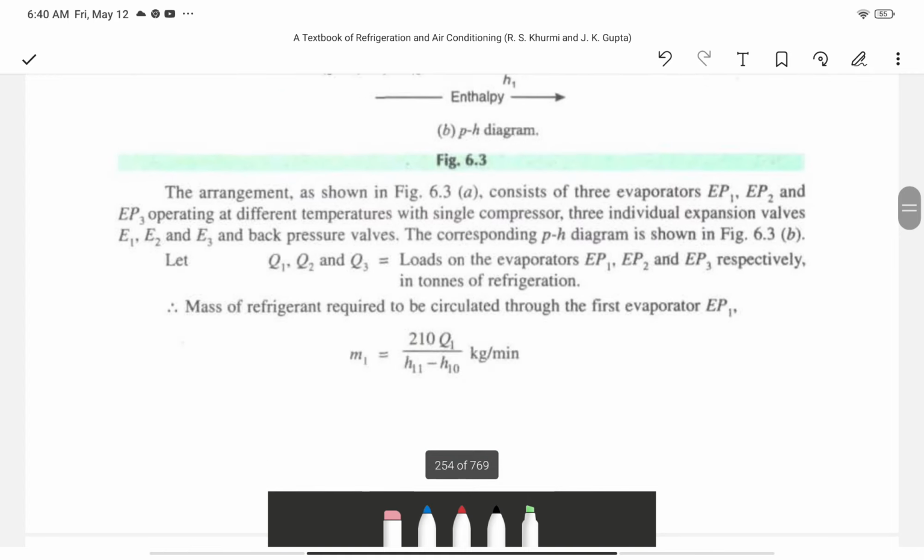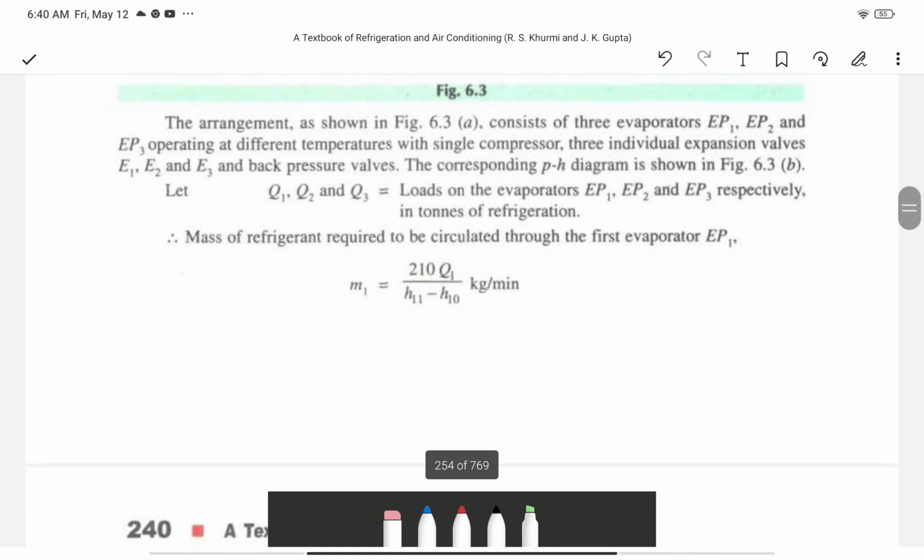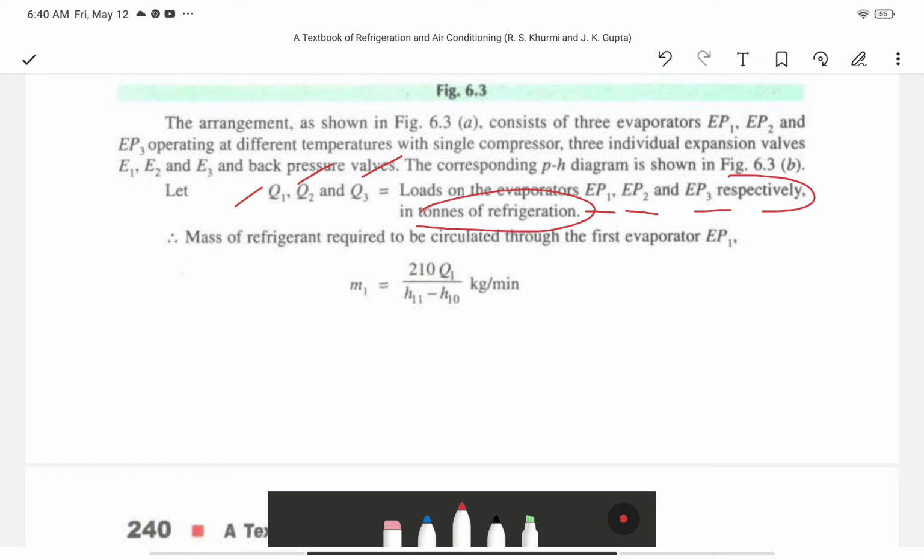Now the formula is, of course, the same. Q1, Q2, Q3 are the loads of evaporators 1, 2, and 3, respectively, in tons of refrigeration or TOR.